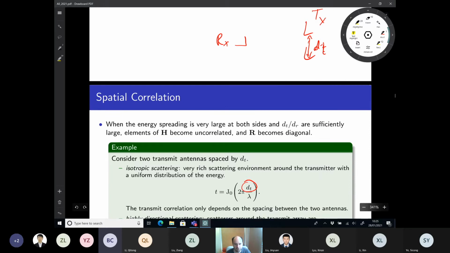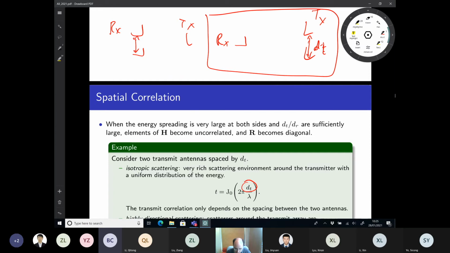It's the same if you have the opposite, a receiver with two receive antennas and one transmit antenna, you could have a distance there as well. The same can be applied to that scenario. But let's assume here, just for the sake of fixing the notation, that I'm looking at two transmit antennas, and I'm looking at spreading of dt.